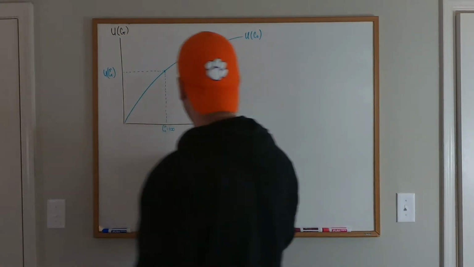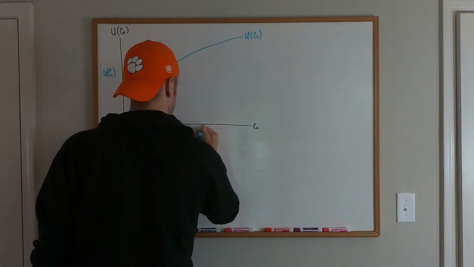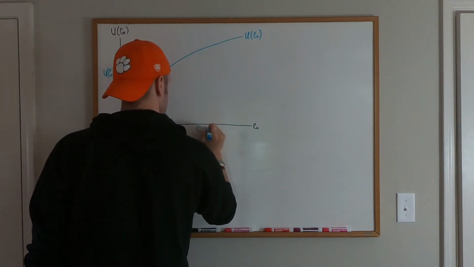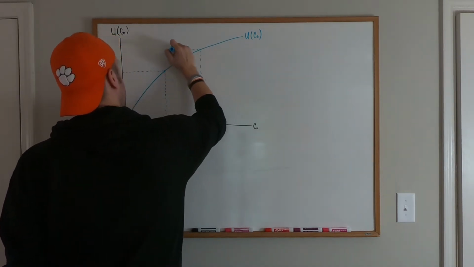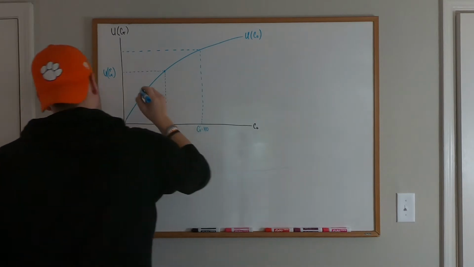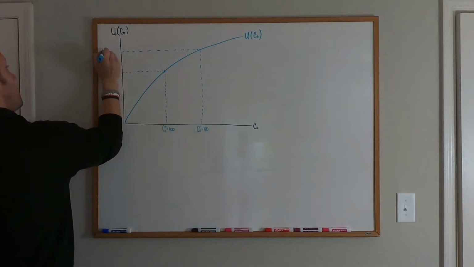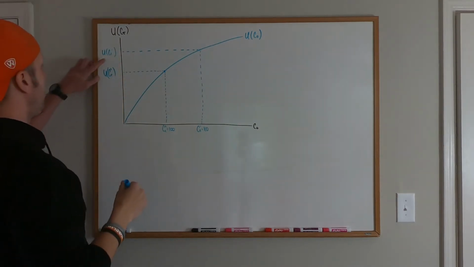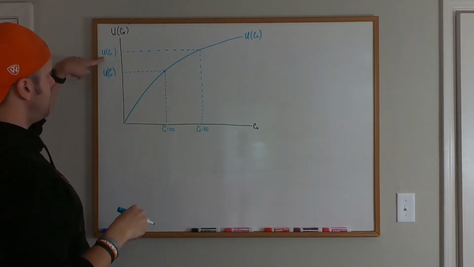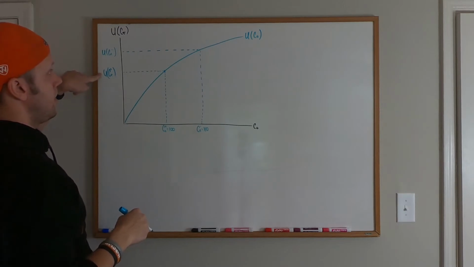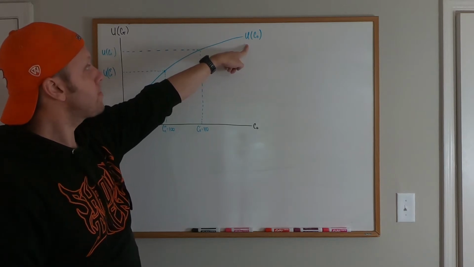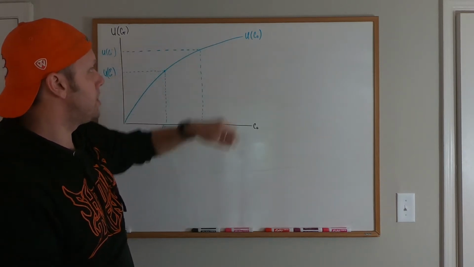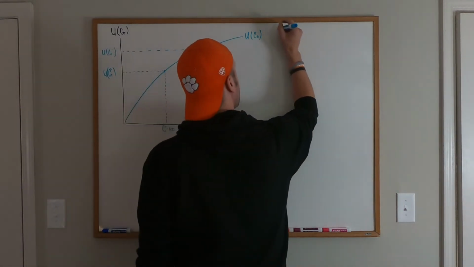However, if I had 110 units of consumption, what I get here is U of CT prime. The more I consume, the higher level of utility, because this is utility in levels. We'll get to marginal utility in just a second. But utility of consumption, as we can see, is increasing everywhere.